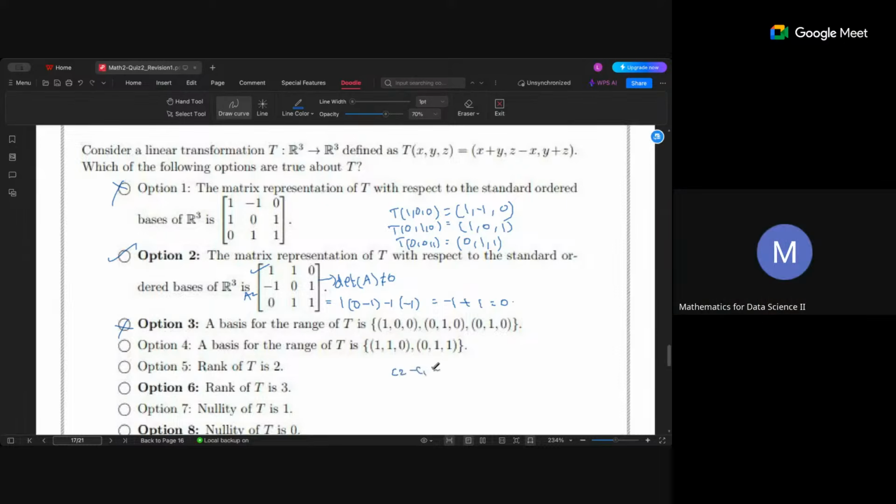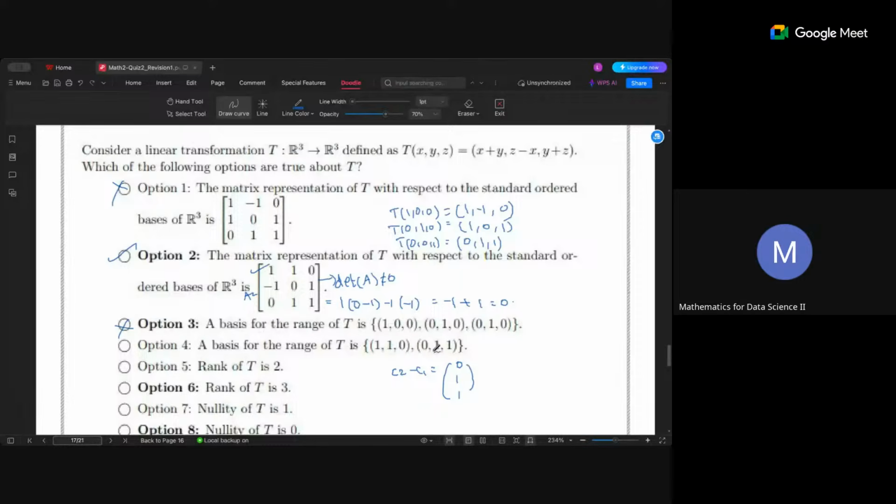C2 minus C1 is (0,1,1). So you see that C3 is C2 minus C1. So you can say that the rank is 2. But whether (1,1,0) belongs to the range or not, that is what you need to check.